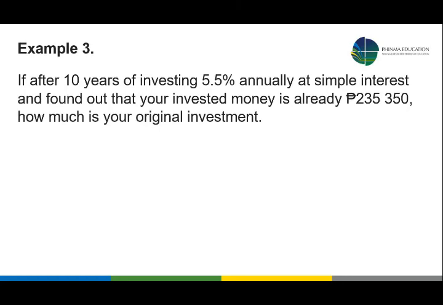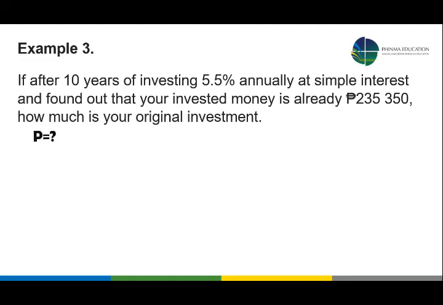In this example, we're looking for the present value, or what we call the principal. Again, present value or the principal is the money in the beginning of the term. So we're looking for present value.